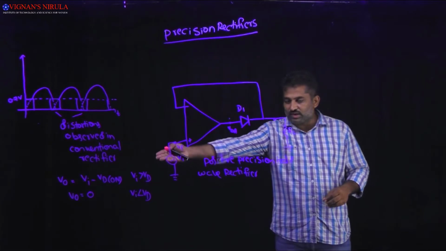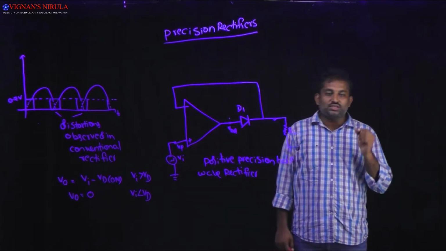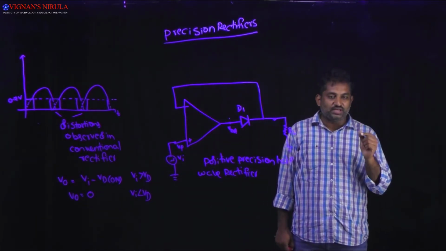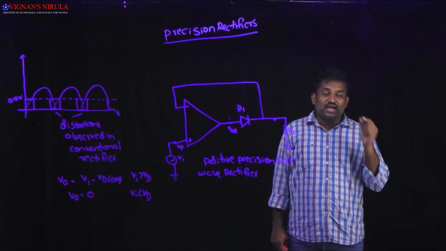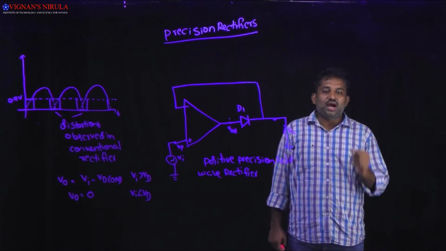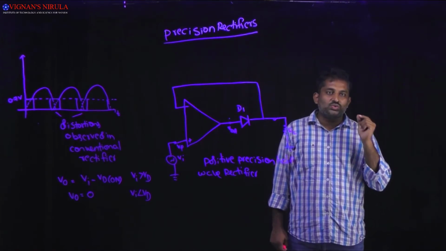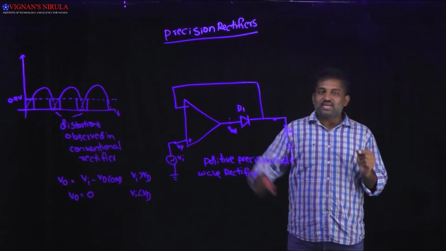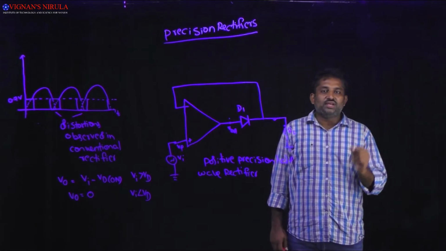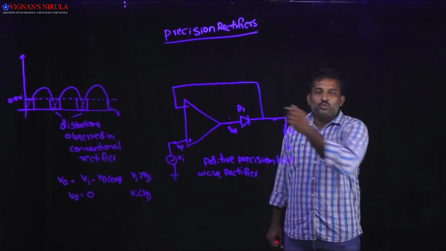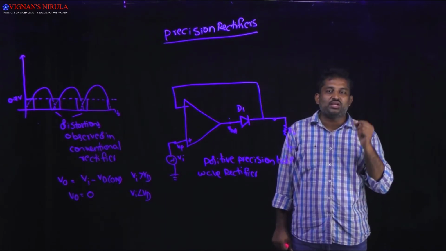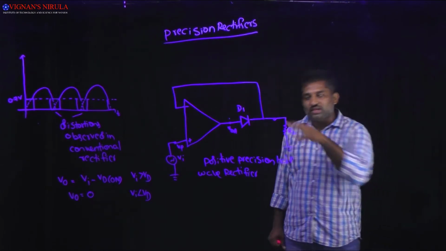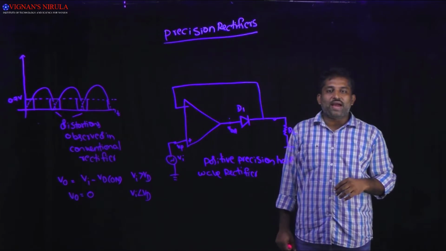That's why I am telling, V naught is equal to Vi minus Vd when Vi is greater than Vd, and V naught is equal to 0 when Vi is less than Vd. These are the output voltages of a conventional rectifier, and these are the drawbacks also.